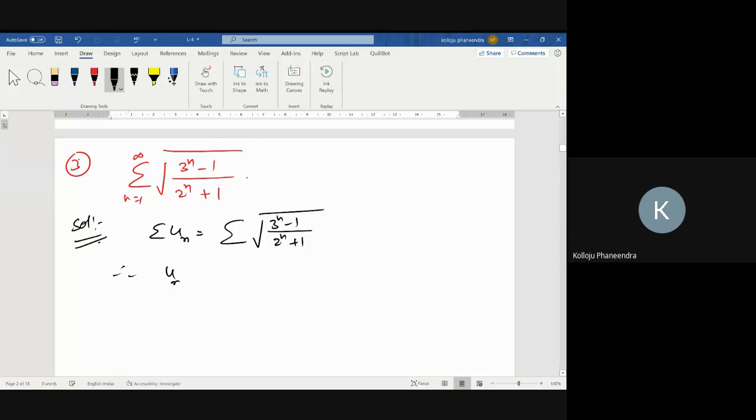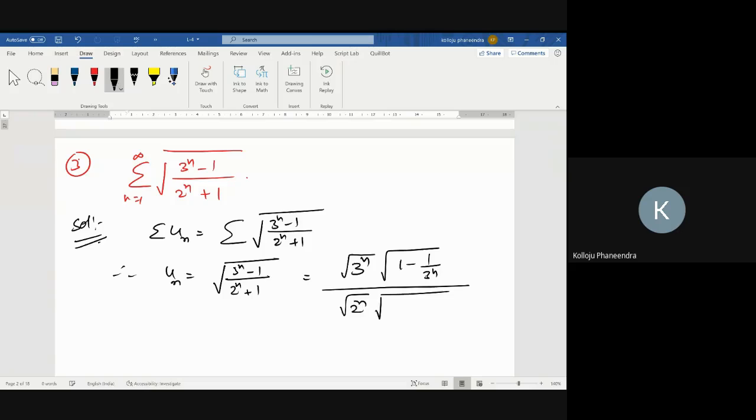Therefore, what is the nth term? The nth term is given directly here: 3 to the power of n minus 1 by 2 power n plus 1. Now, take 3 power n common outside, so this becomes root of 3 power n into (1 minus 1 by 3 power n), and in the denominator take 2 power n common, under root 1 plus 1 by 2 power n.